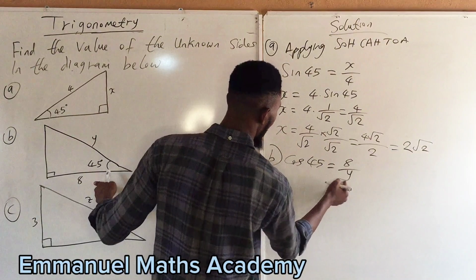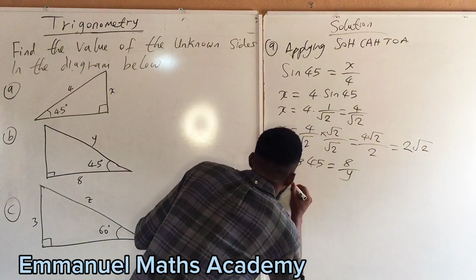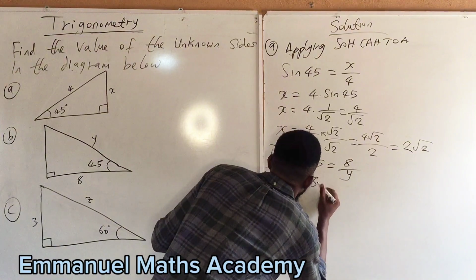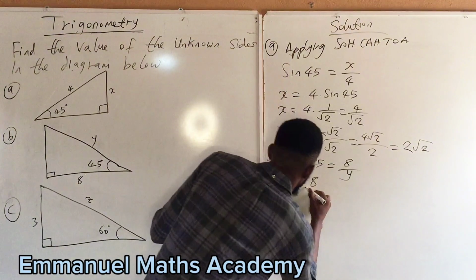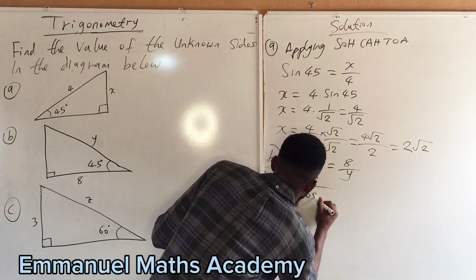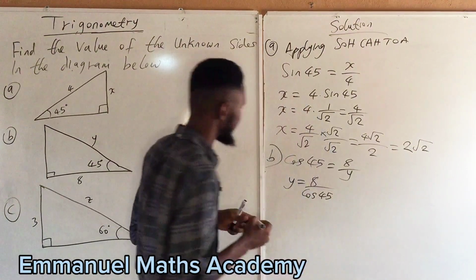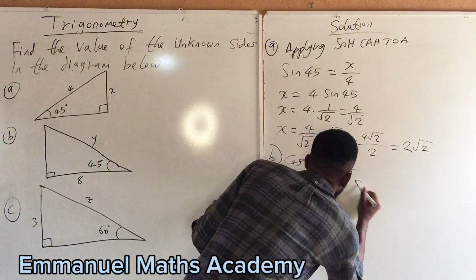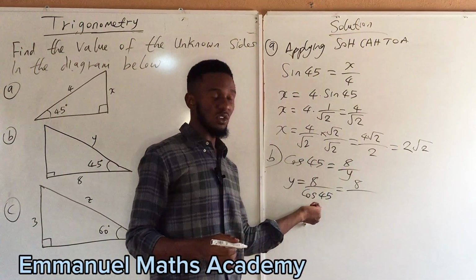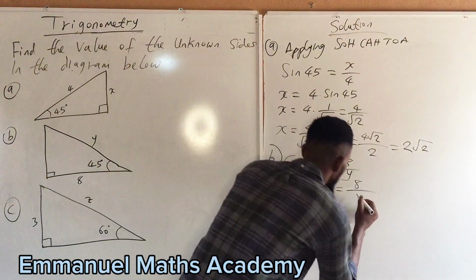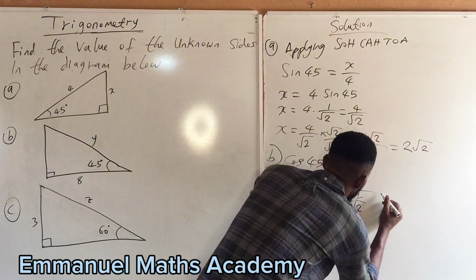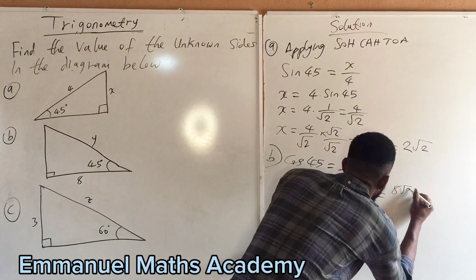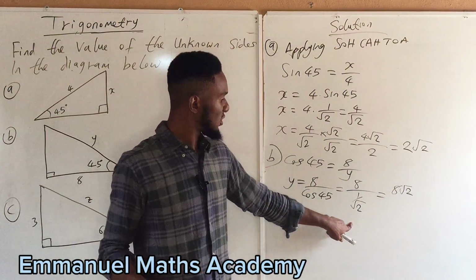If you make y the subject, you now have y is equal to 8 over cos 45. Cos 45 from our special angle is 1 over root 2. So 8 over 1 over root 2 will give you 8 root 2.